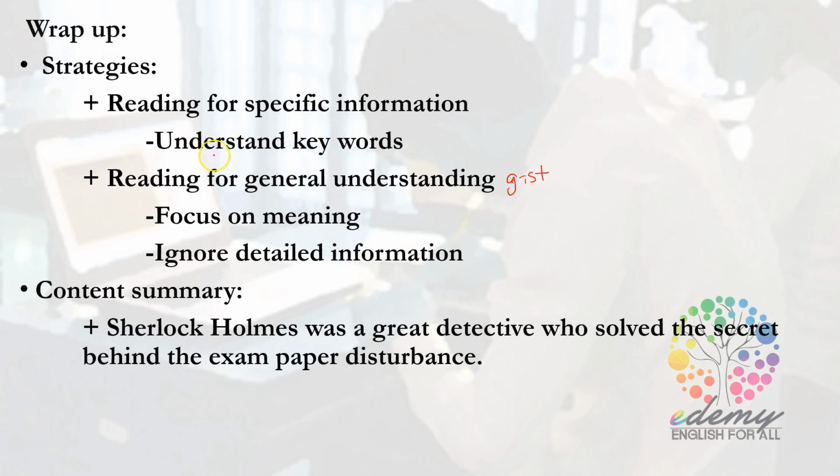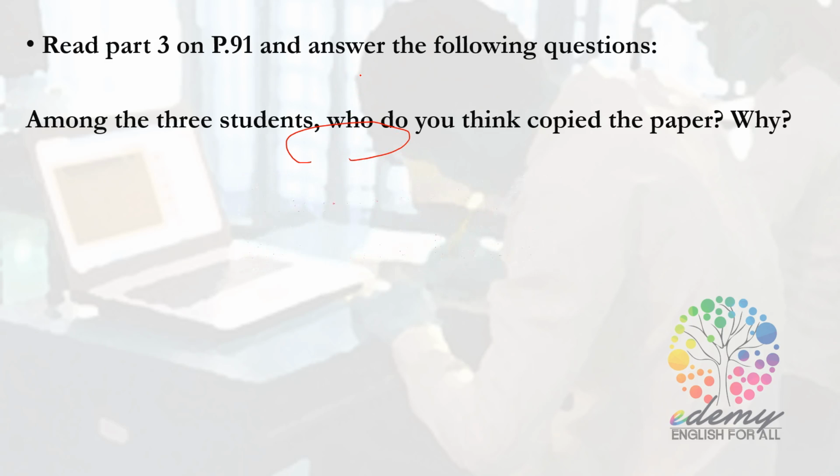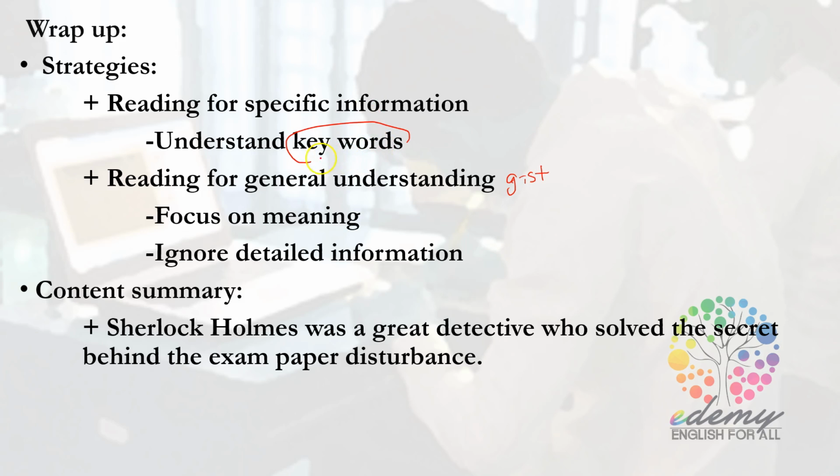And for the first one, reading for specific information, you need to understand keywords in the questions or the statement in order to find the information faster and easier in the reading. When you read for general understanding or gist, you need to focus on the meaning, and you ignore the detailed information. So this will help you to get a full understanding of what the text is about.